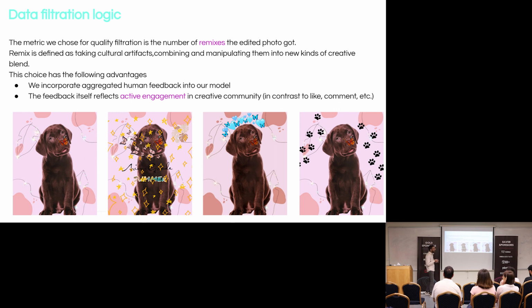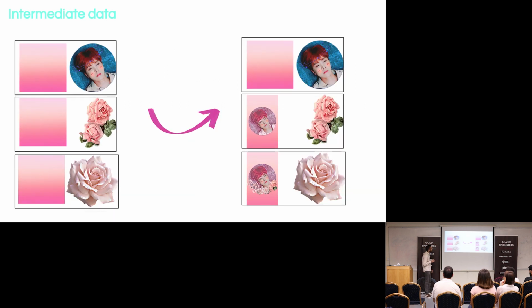In contrast to like or comment, which is a passive and weak signal, remix is a very strong signal, and if you choose to engage with this content, you really like the content, otherwise you wouldn't. So we use this metric for filtration. And also one more interesting thing we did with data collection. For example, a user used this photo and used this sticker on the photo, and then used this sticker, and then used this sticker.